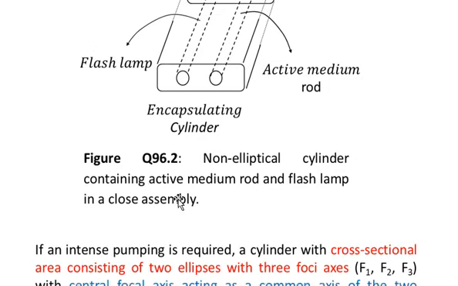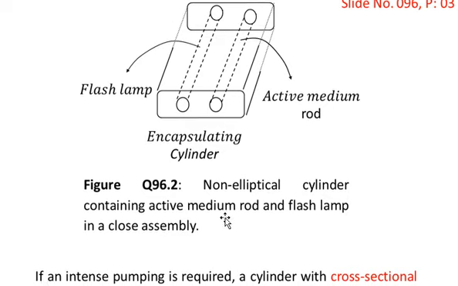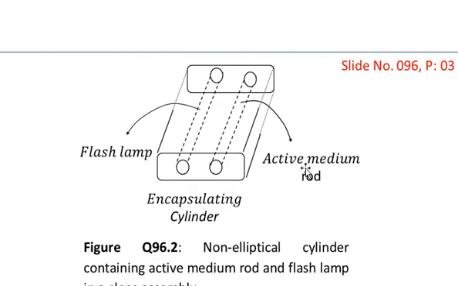So you see that here in figure number 2, the caption reads: non-elliptical cylinder containing active medium rod and the flash lamp in a closed assembly. So you can see that this is non-elliptical, though it could be of cylindrical shape, but this is a non-elliptical cylinder.